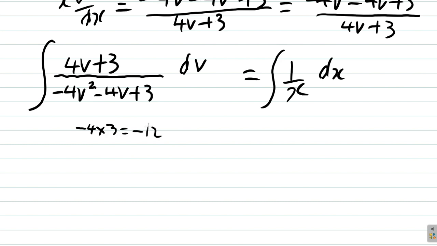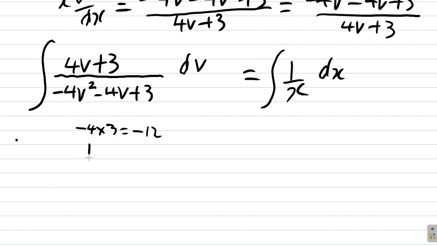We find two numbers that multiply to give AC and add to give B. B is negative 4. So two numbers. If we try the 4 and the 3, they multiply to give negative 12. But they wouldn't add to give negative 4, whether the 4 is negative and the 3 is positive, or the 3 is negative and the 4 is positive.